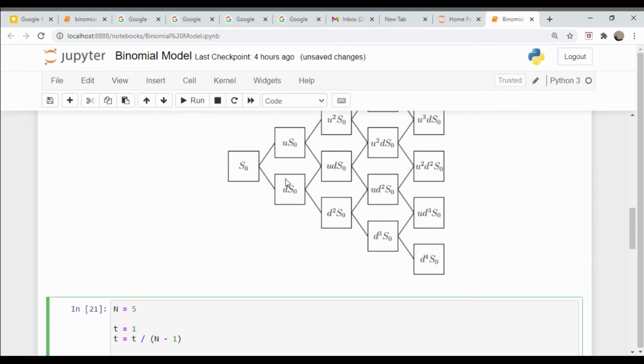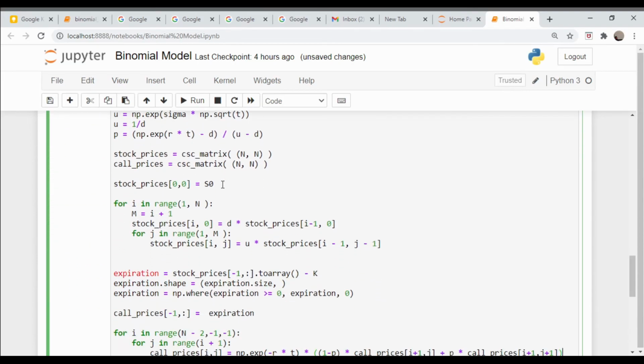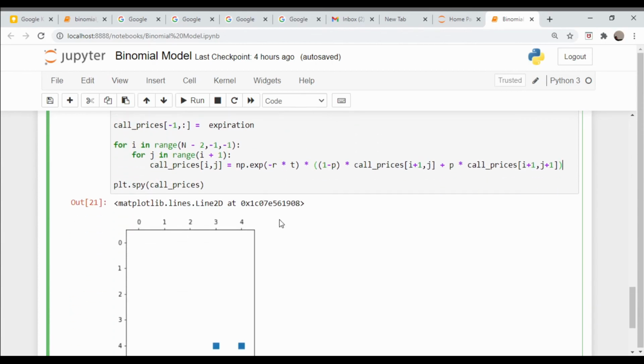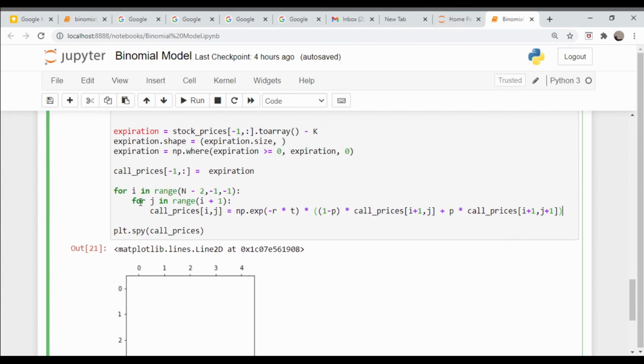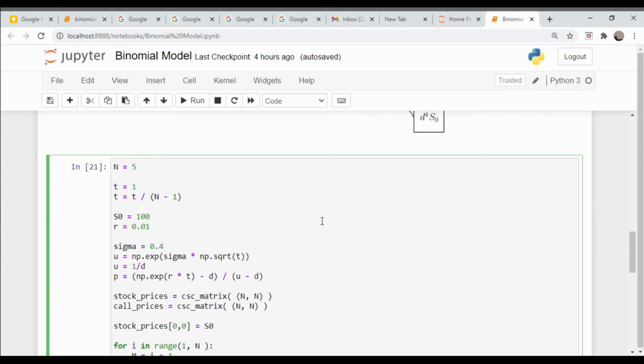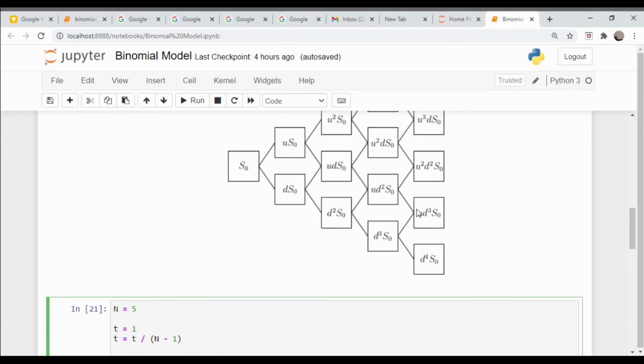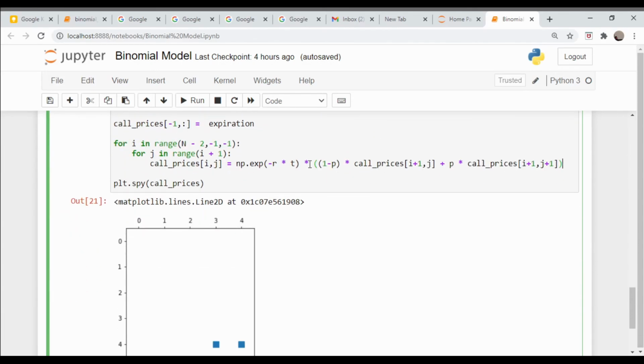So we're starting here and going back, and then we're going up the columns of this tree structure. For whatever value we're at, we look at the index above and below it in the column to the right, and then we implement our call value function. So let us see if this actually gives us a reasonable answer.